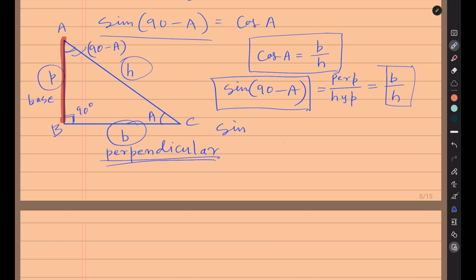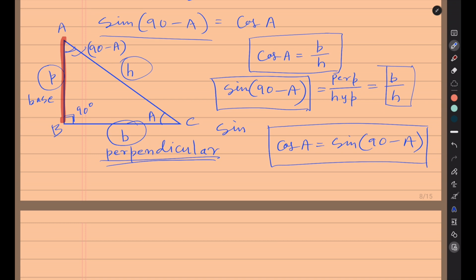So we can say that cos A is equal to sine 90 minus A. In a way, this is proven.